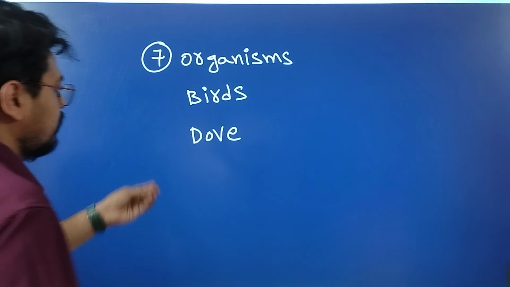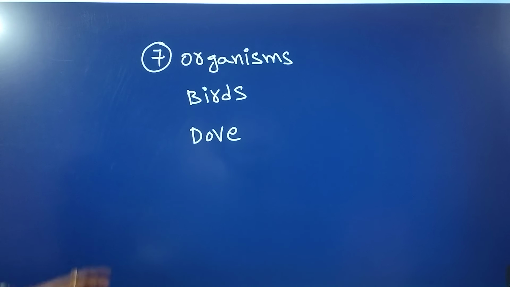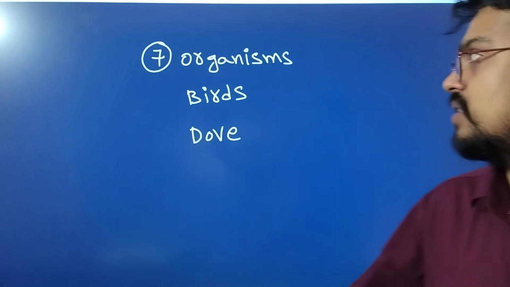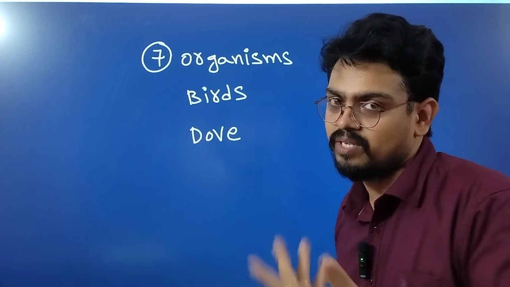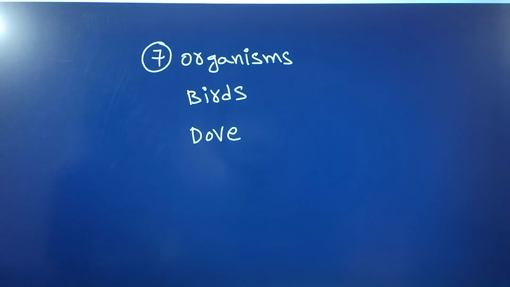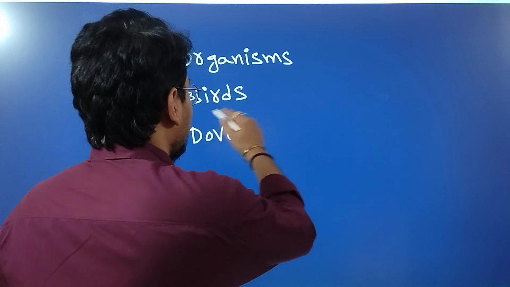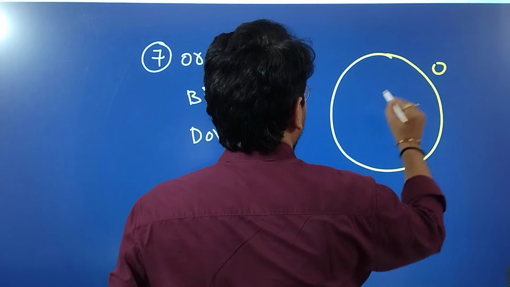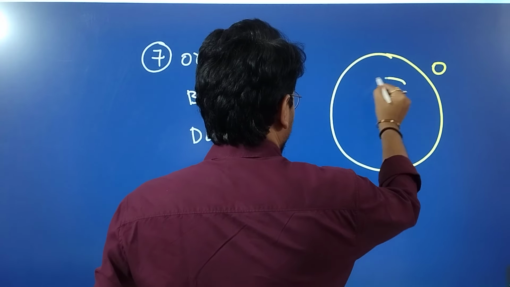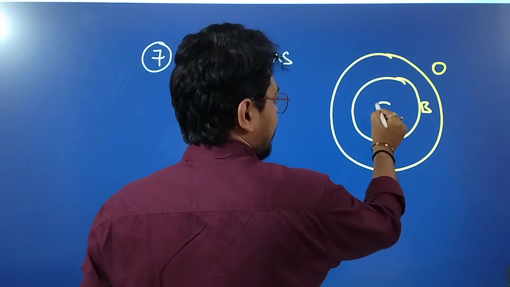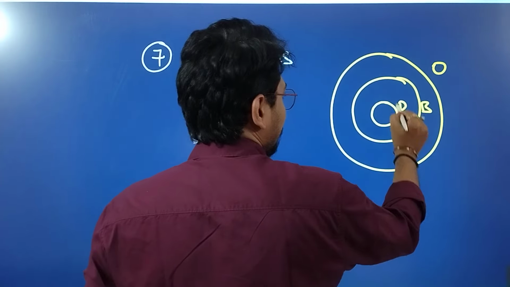Organisms, birds, dove. Organisms means all living things. All living things come under organisms, and birds come under organisms. Now dove comes under birds. So this circle is the organisms circle, and this circle comes under it for birds, and in the birds category there is another circle, dove.